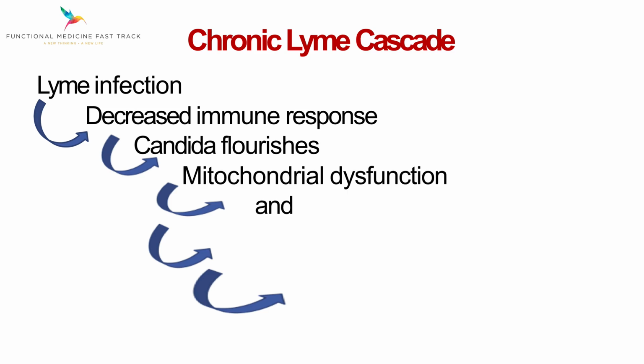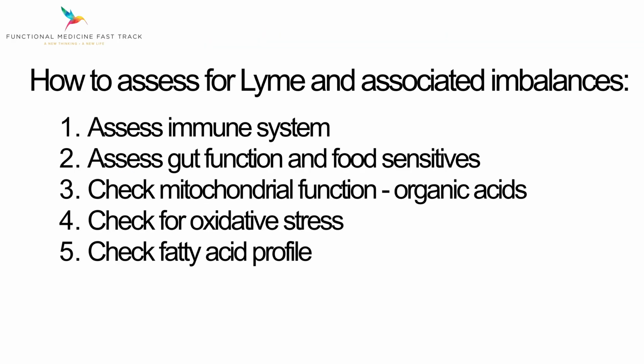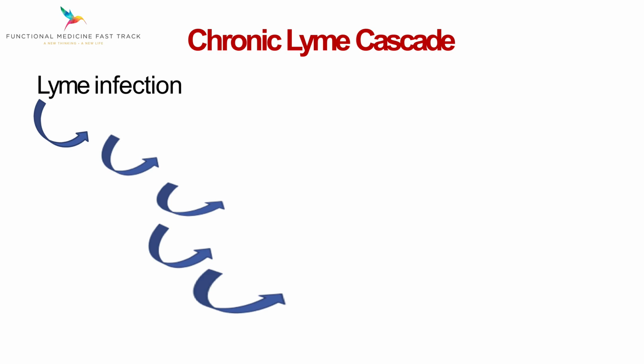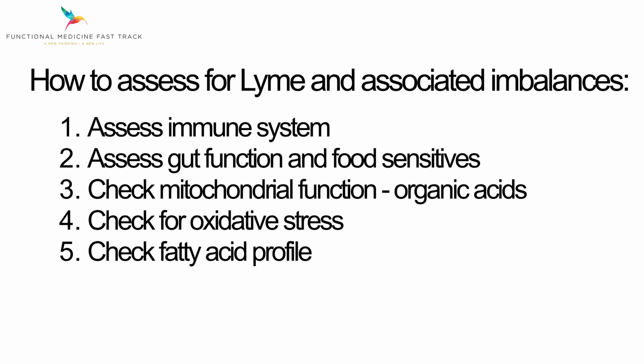And we know how that can create more flourish of oxidation and inflammation, which is going to further create mitochondrial dysfunction, more GI tract issues. And what do we tend to do? We give more antibiotics, and that impairs the microbiome further. And you start to get this cascade of immune system, mitochondria, GI tract, and microbiome being a mess.